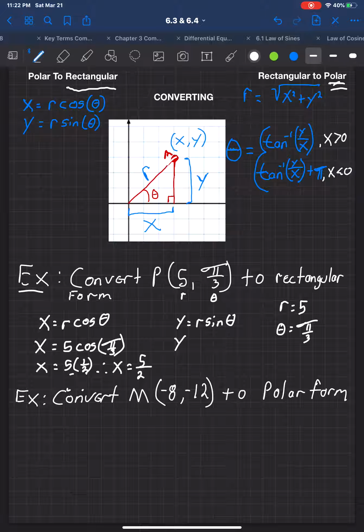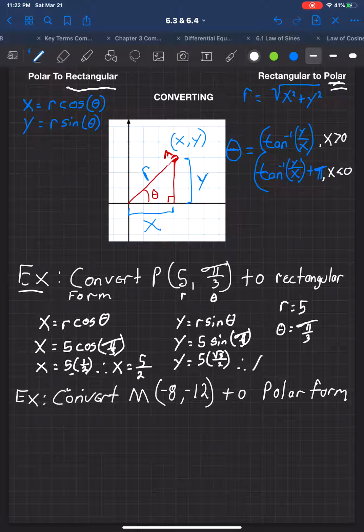That means y is equal to 5 times sine of pi over 3. And sine of pi over 3 is the square root of 3 over 2. So that's 5 times the square root of 3 over 2. Therefore, y is equal to 5 square roots of 3 over 2.